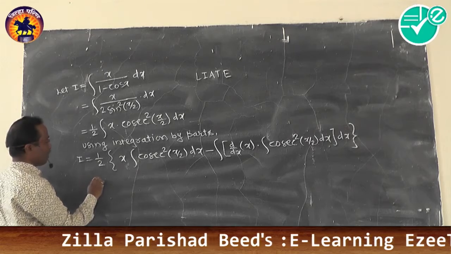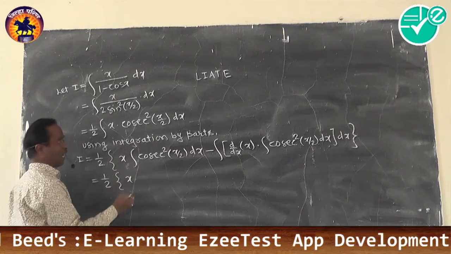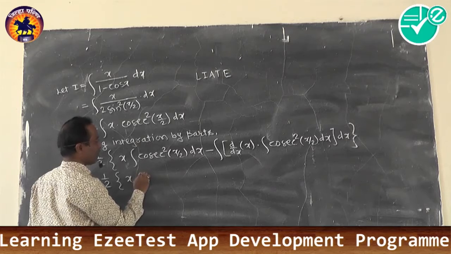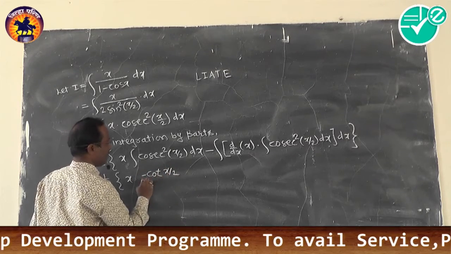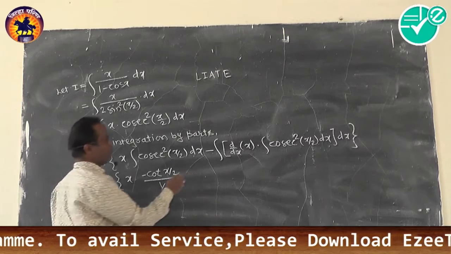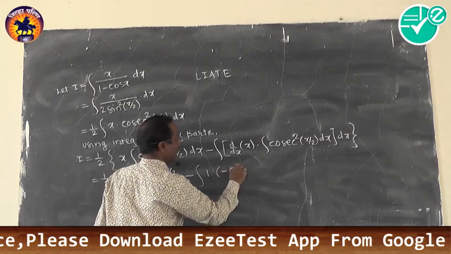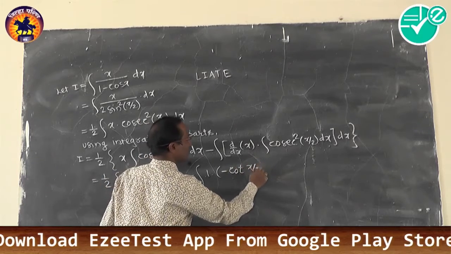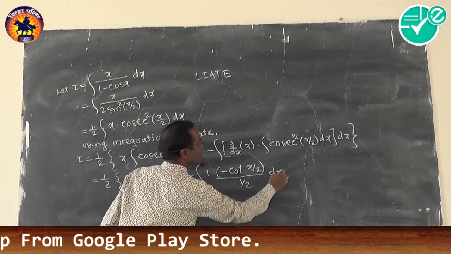Now 1 by 2 into x into integral of cosec square, which is minus cot x by 2 divided by the coefficient of x, 1 by 2, minus integral of 1 into minus cot x by 2 divided by 1 by 2 dx.